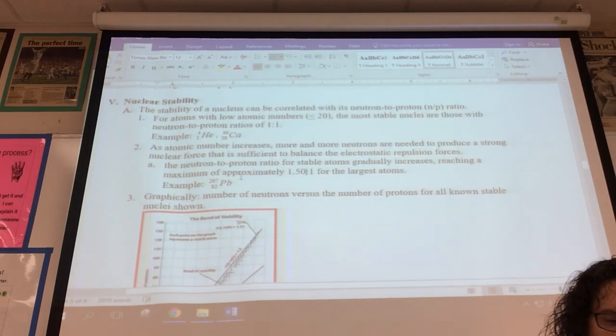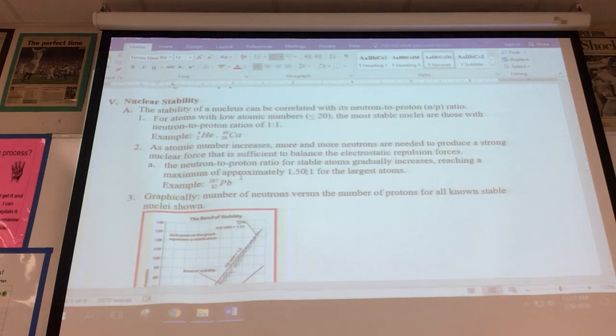For example, with lead 207, you're going to see that this ratio is slightly higher, and again, this is 82 protons. Be careful with the neutrons. Make sure that you subtract.